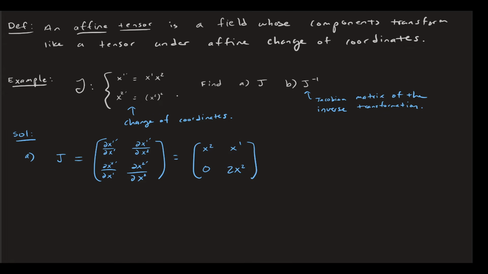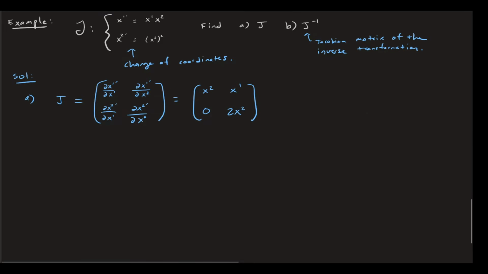Just taking those partial derivatives from our change of coordinates. Differentiate the x1 prime variable with respect to x1, you get x2, etc. So that's the Jacobian matrix of the transformation.